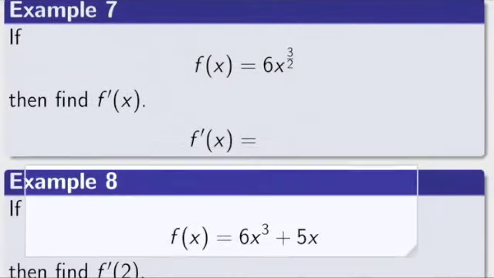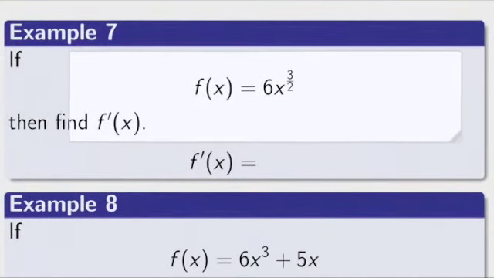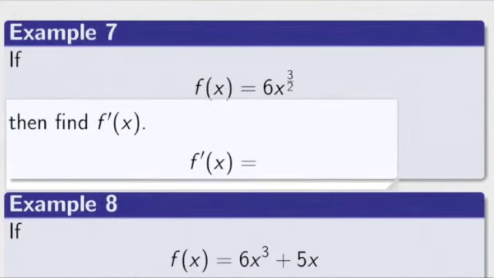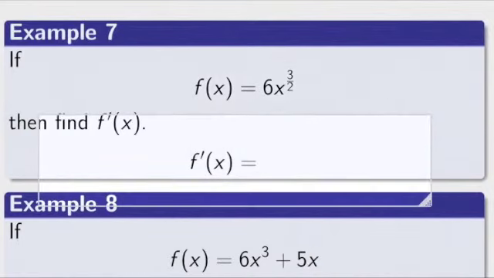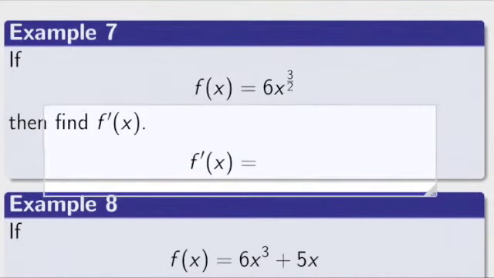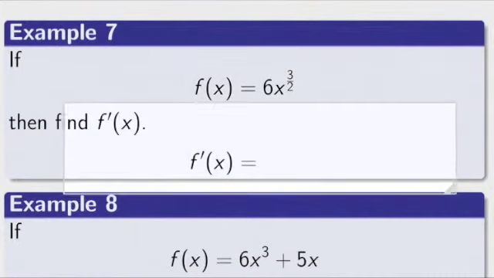So let's consider another example. If f(x) is 6x raised to the power 3 on 2, then find f dash x. f dash x is another way of stating we are requiring the derivative of f with respect to x. So f dash x is simply the derivative of f with respect to x.